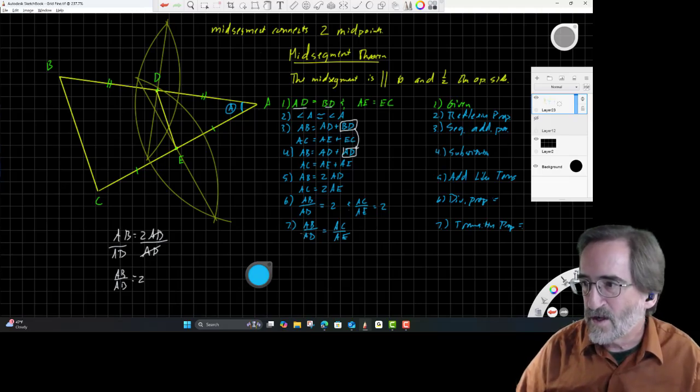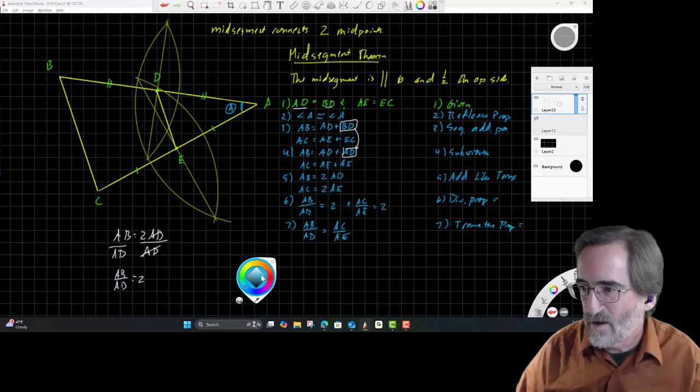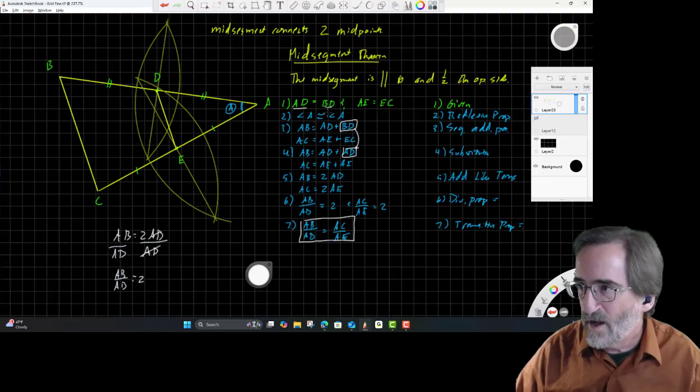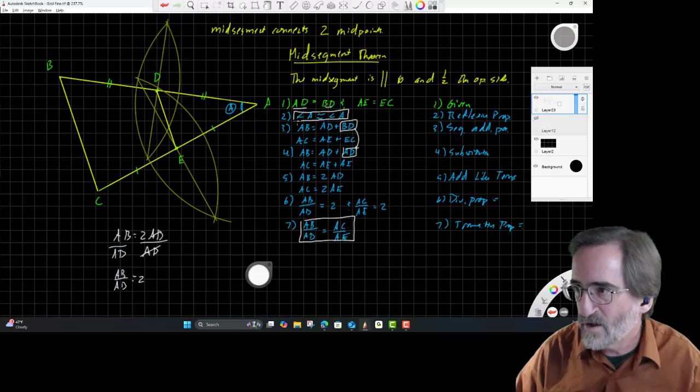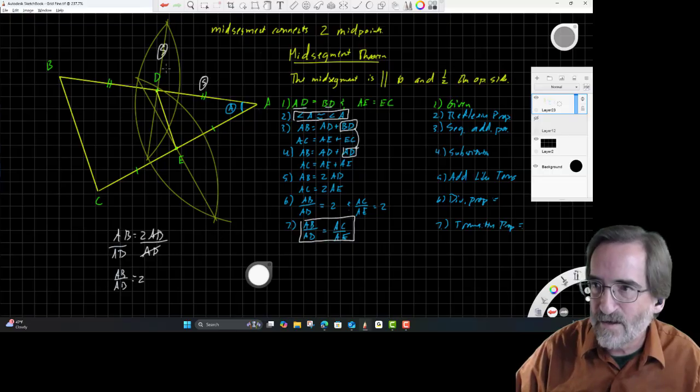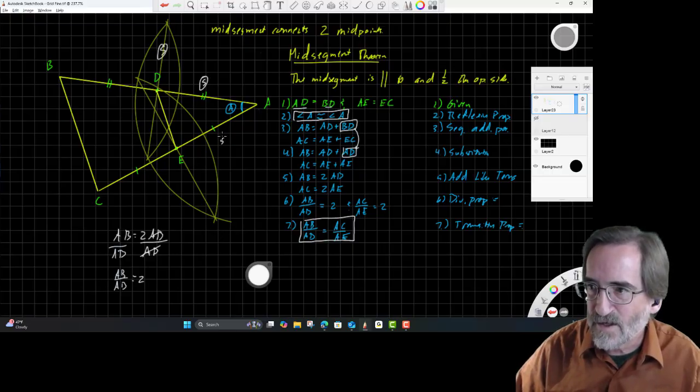All right, so guess what I've got? I've got these sides proportional, and I've got these angles congruent. So that's an angle, a side to a side, a side to a side, side angle side, side angle side.